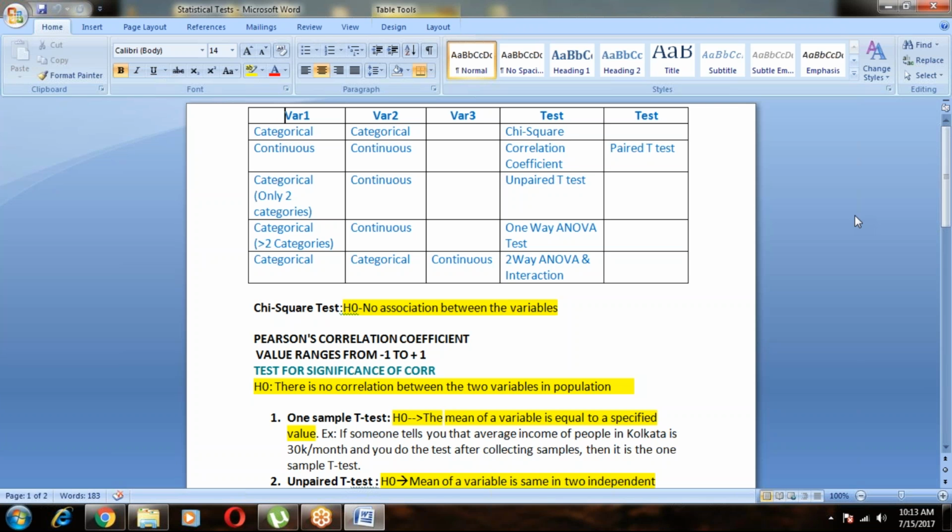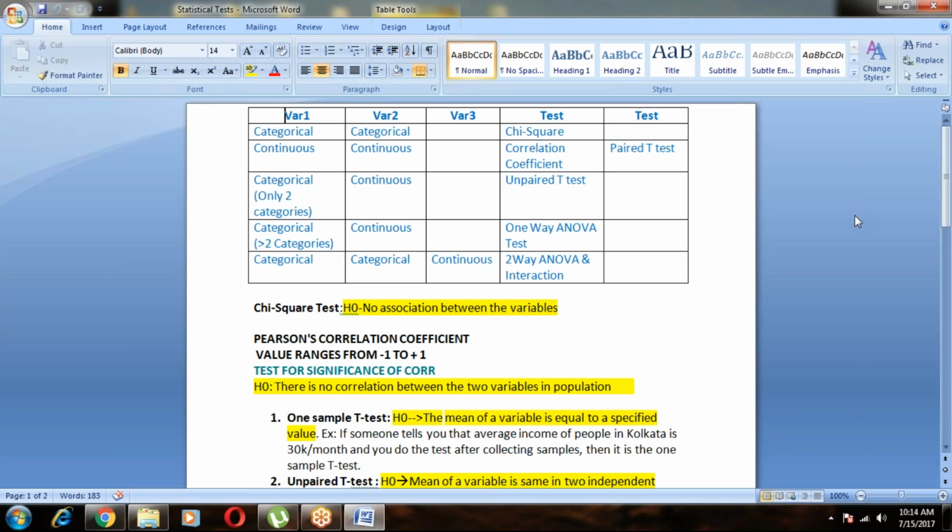But remember, here the variable is the same. The average sales is the variable, but the situation has changed: the average sale before advertisement and after advertisement. In this way we separated it into two groups, but the variable is the same.